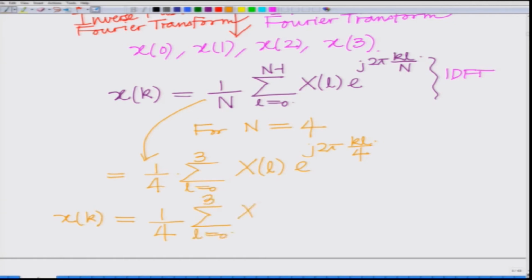Remember, small x k denotes the kth sample, capital X L denotes the symbol loaded onto the Lth subcarrier, and small x k is the kth sample generated by the kth IFFT point of the capital X's, capital X0, capital X1 up to capital X N minus 1.